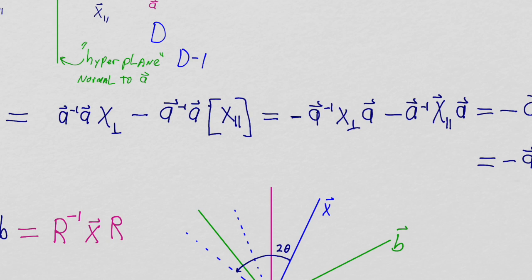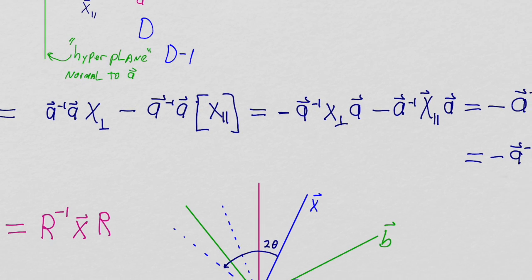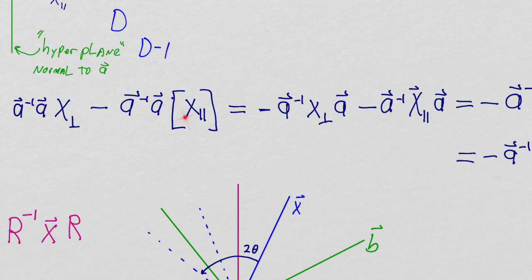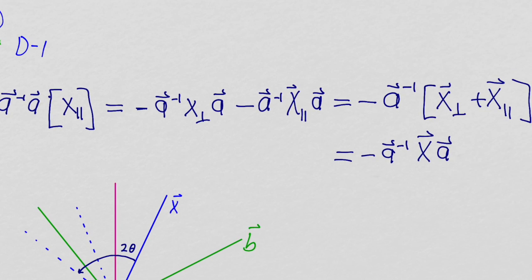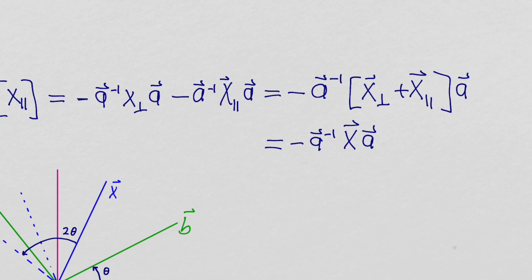On the other hand, this part that's parallel to A, well, if A and A are parallel, you know that in the geometric product of A and X parallel, the bivector part is 0, so all that's left is the scalar part. So this thing commutes just fine. We take these two and commute them right here. So now we've got these two minus signs, and we just pull them out in front to get this big minus sign right here.